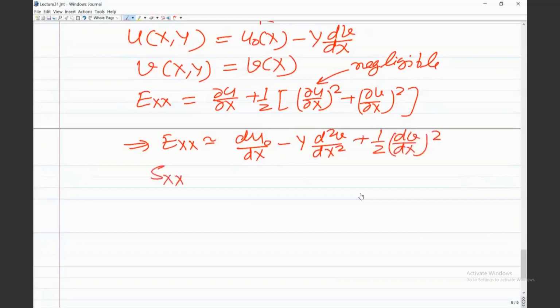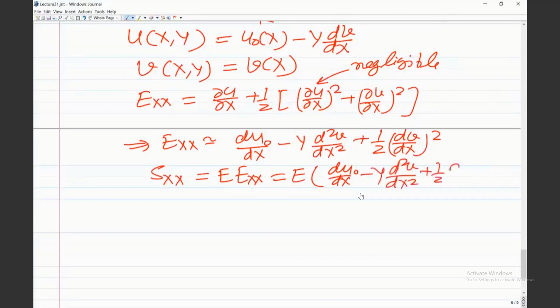So you will see that the x component of the second Piola-Kirchhoff stress tensor Sxx will be equal to E times Exx, which will of course be E into du naught by dx minus y times d2v by dx square plus half of dv by dx whole square.